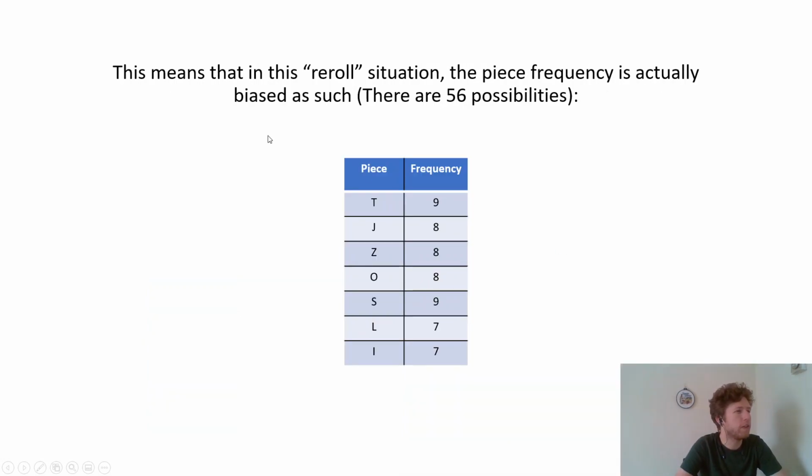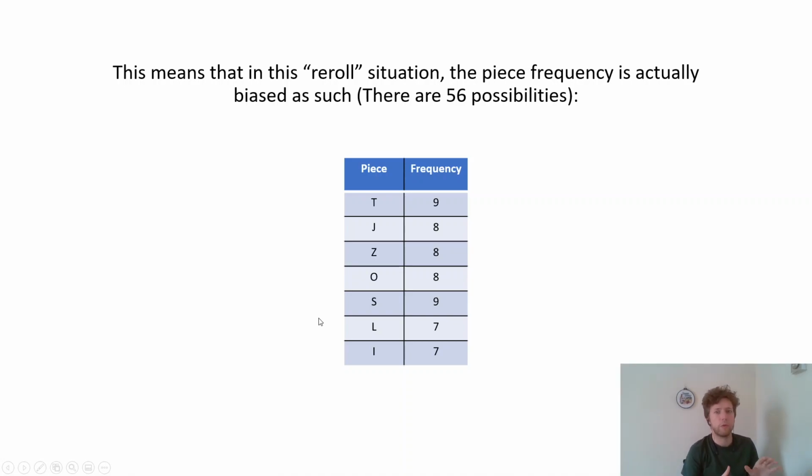And so what ends up happening is that in the reroll situation, there are 56 possibilities, and here's what the answer will come out to based on each of those possibilities. You would expect to see each of them occur exactly 8 times, and that would be fine. But you don't. You see that the T appears 9, and so does the S. J, Z, and O all appear 8 times, and then the L and the I appear 7.